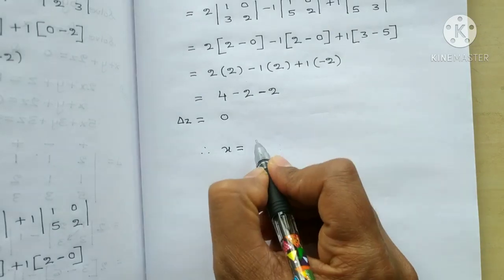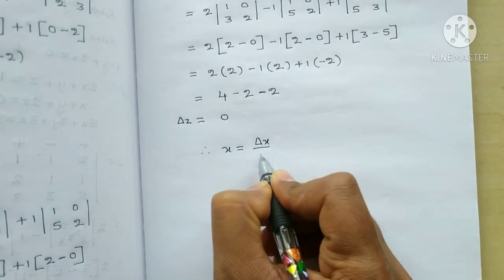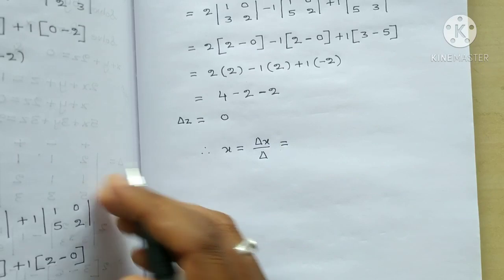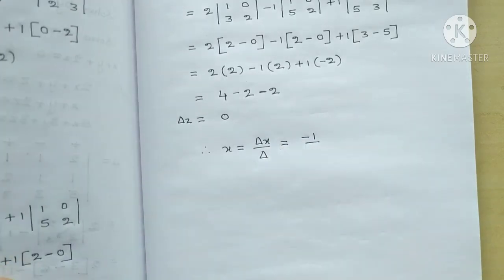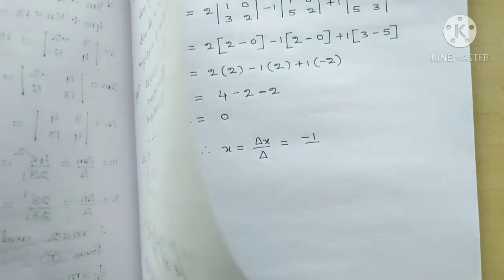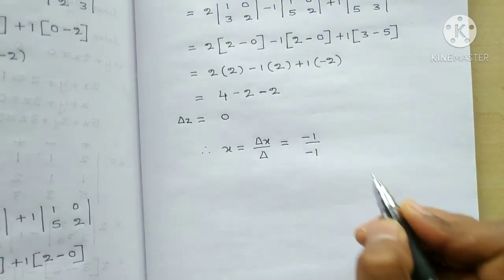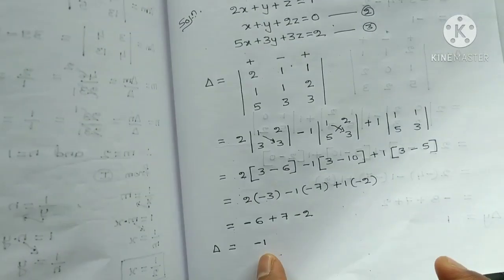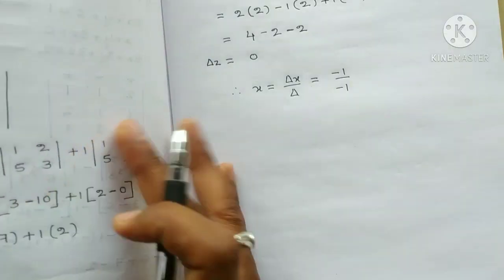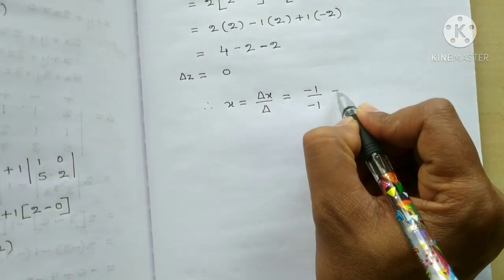So next step, find out the value of what here? x. So what is the formula? Delta x divided by delta. So what is delta x here? Minus 1 divided by delta value goes to how much here again? Minus 1. Correct? Delta x is minus 1 and delta value is minus 1. Therefore, minus divided by minus is plus.